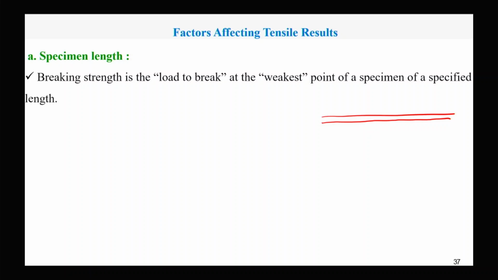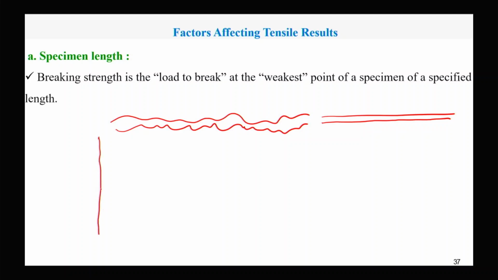But for textile material, we know the materials are uneven in nature. This is uneven. And if we plot the strength at different points, this is the total length of the yarn.